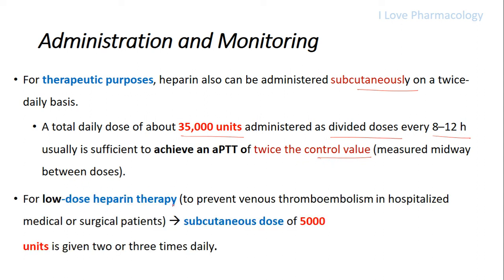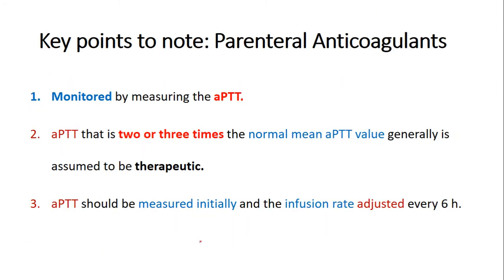Low dose heparin therapy is used to prevent venous thromboembolism in hospitalized medical or surgical patients. The subcutaneous dose will be 5,000 units, given 2 or 3 times a day.